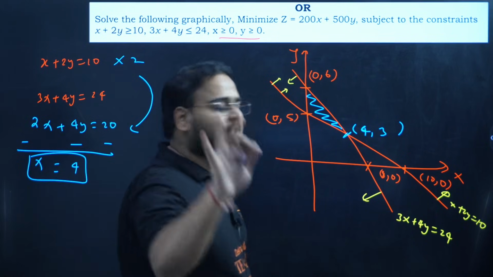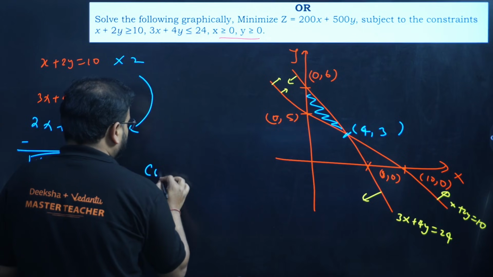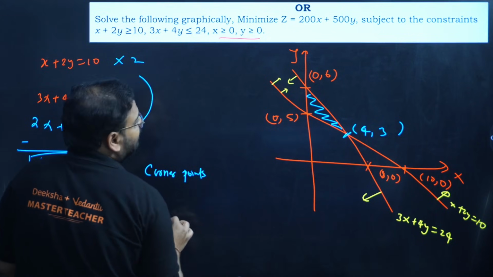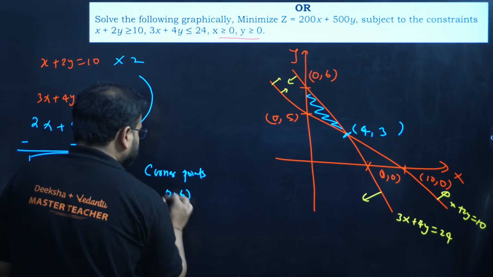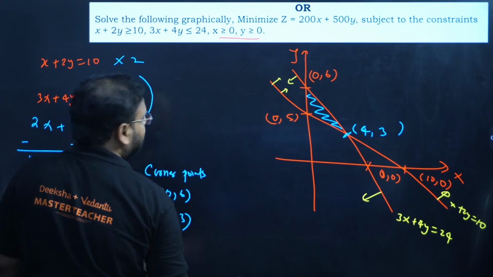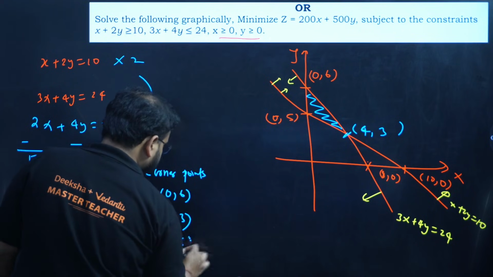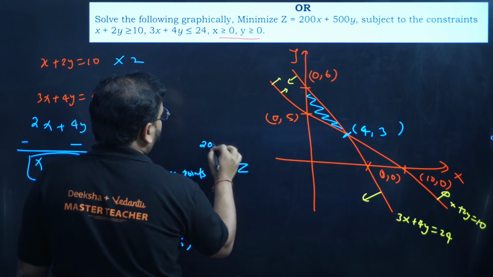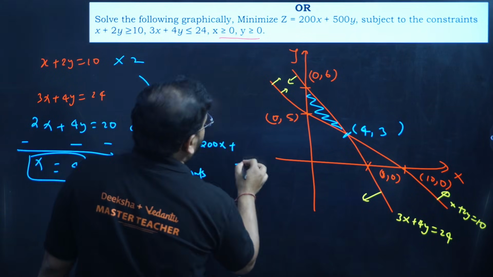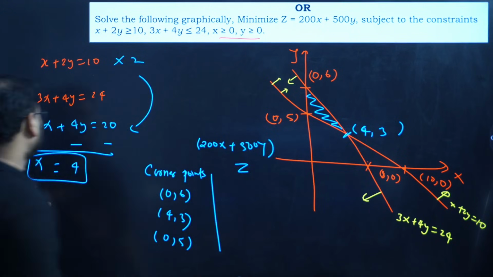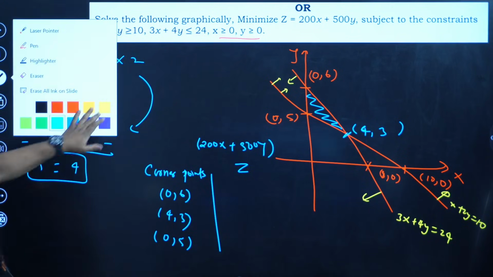So I have 3 corner points now: 0, 6, 4, 3 and 0, 5. And the z value is 200x plus 500y. Let's find the values at these points.